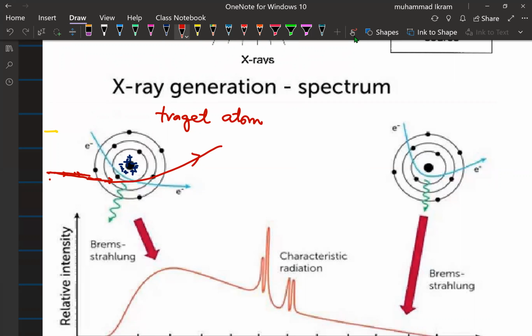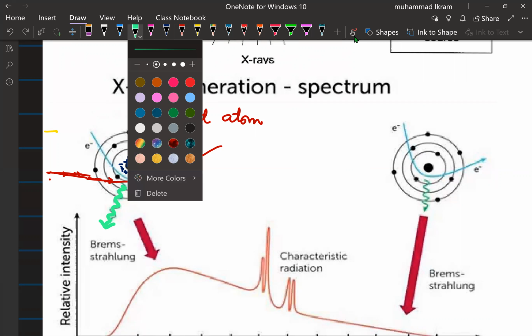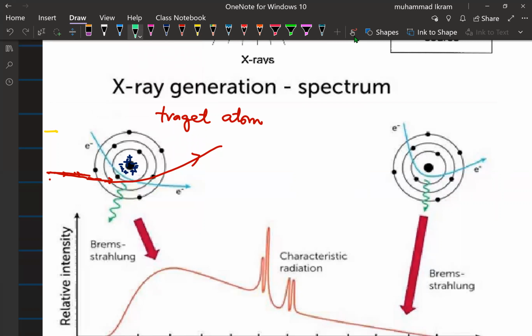A change of path is also acceleration, and you have already learned in the previous chapter that accelerated charges always produce electromagnetic radiation. So this is how the X-ray photon is emitted. Sorry, not the gamma ray photon, the X-ray photon.